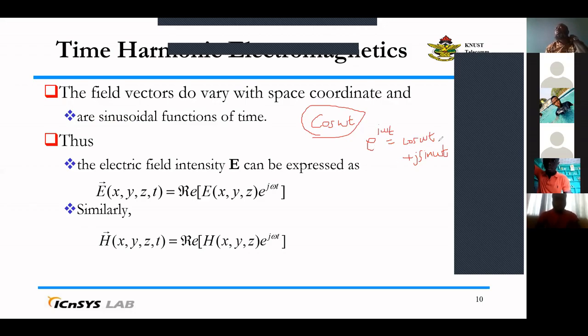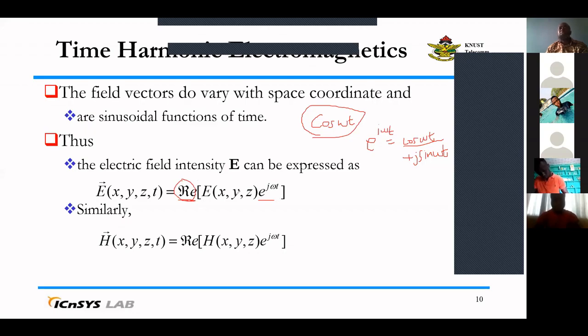But we are only interested in fields that are cos omega t, sinusoidal quantities of cos omega t. And therefore, we have to take the real part of this equation, because e to the j omega t will give us both cos omega t and j sine omega t. If we take the real part of this, then we are only dealing with cos omega t.